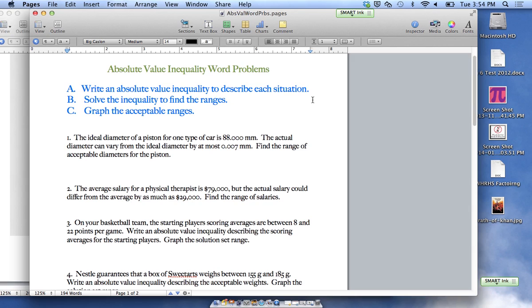And the ideal setup or the basic premise for an absolute value inequality word problem, inside the absolute value bars, you would have your ideal situation. You're taking the difference between the actual measurement and the ideal measurement to represent whatever it is you're trying to measure. And then that would be less than or equal to a specified acceptable range.